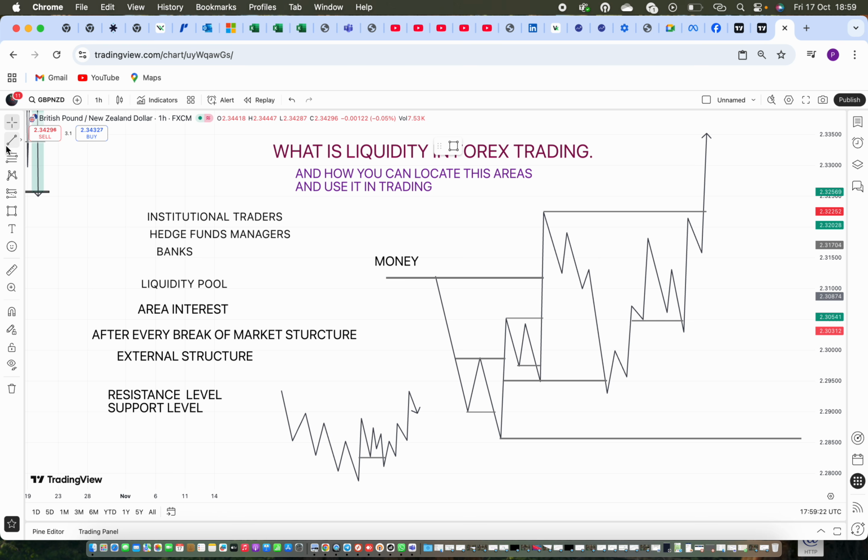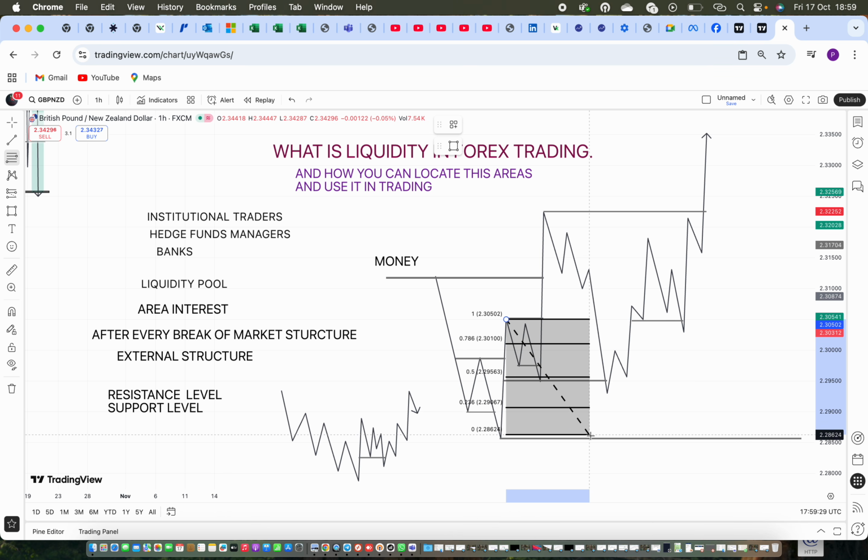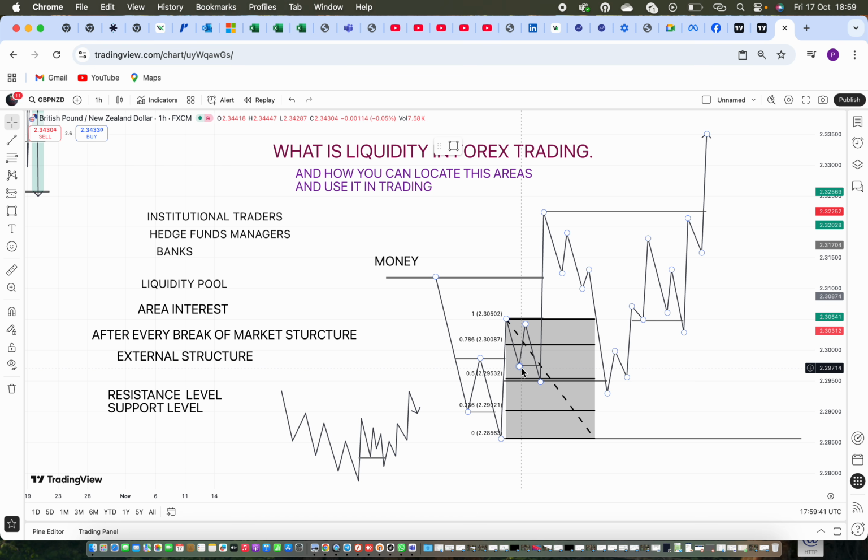And notice, when this pullback happens most of the time, if you measure the fill from here to this low that created that move or shift in market, it's not up to 50%. So price is not at a discount level at all. But a lot of traders, since they do not understand the concept of liquidity, do not know fully well that the institutional traders only want to fill in their orders when price is cheap.